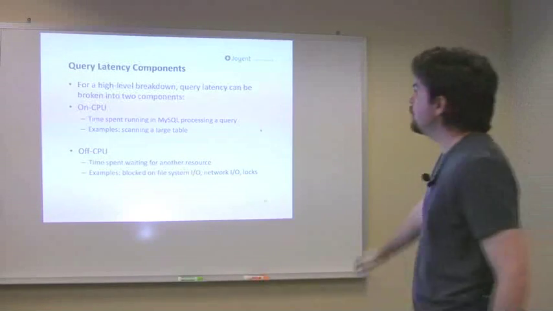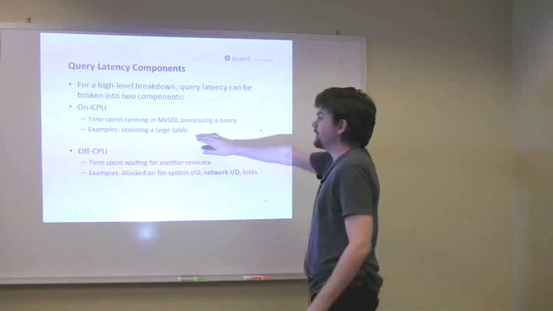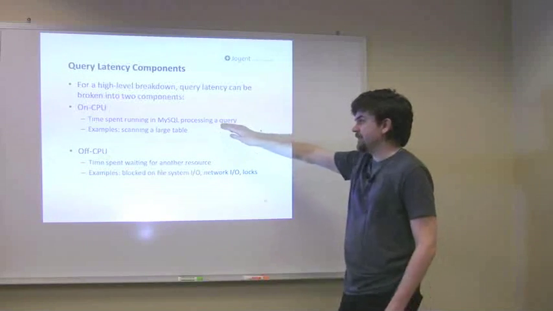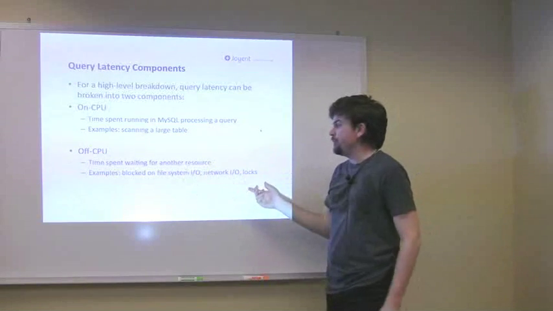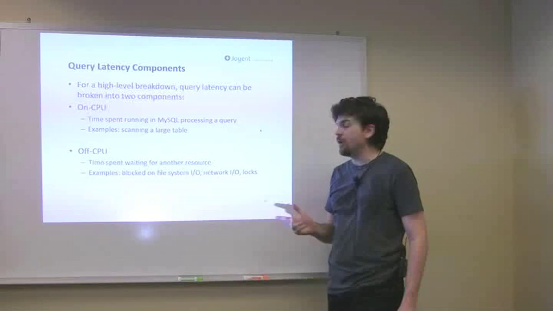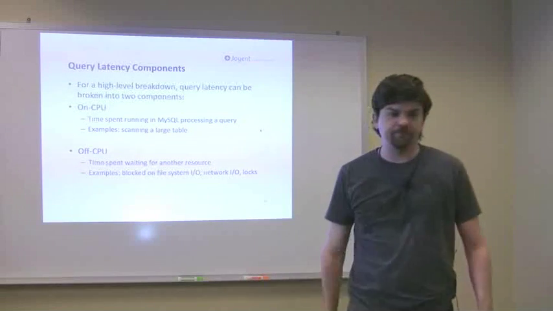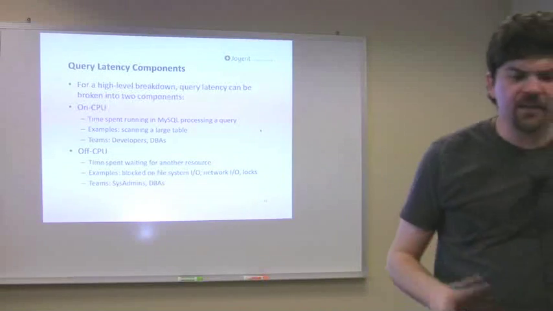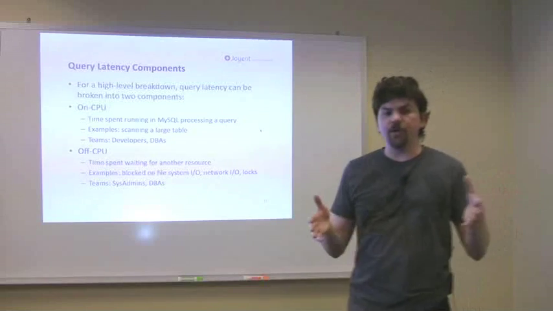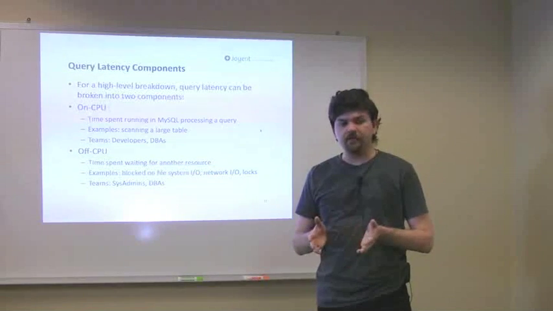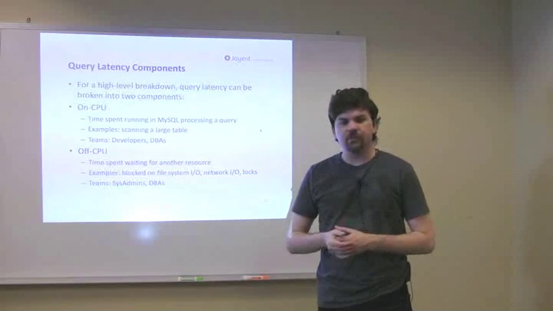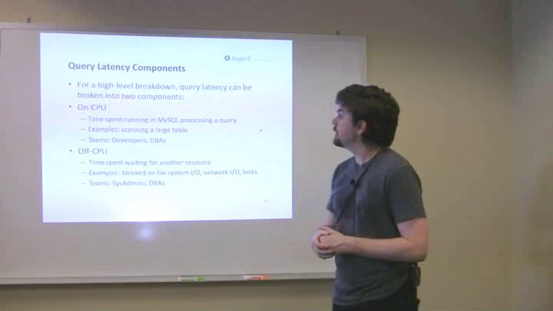So for example, you may be on CPU heavy because you're scanning a large table, and that's the CPU cycles. For off CPU, you may be blocked on file system I/O, network I/O, or locks. This high-level breakdown into 2 components is useful because you can direct issues to the right team immediately.